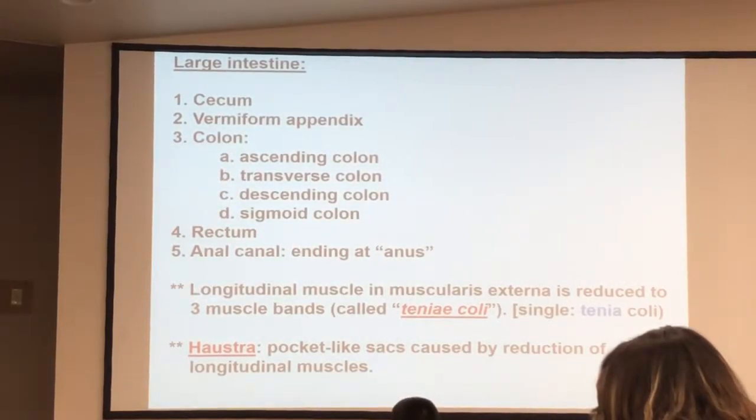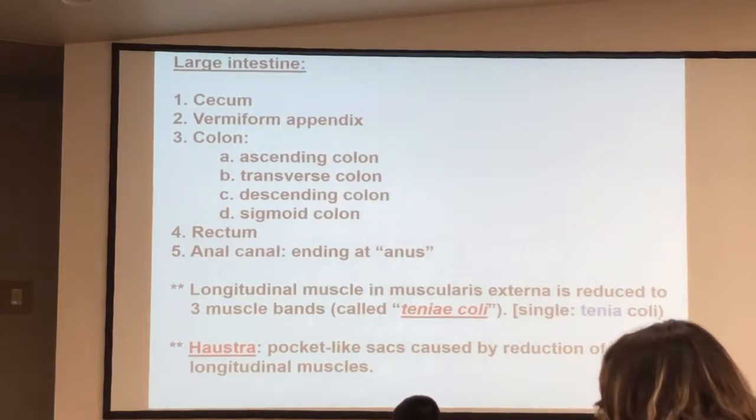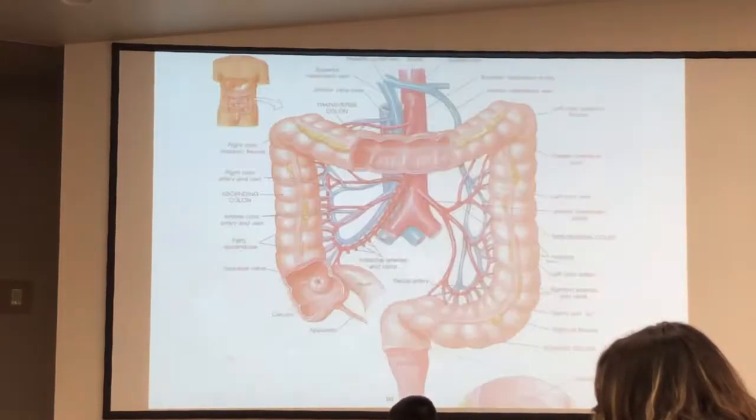In the large intestine, the two-layer muscle also changes. The inner circular muscle is no problem, but the outer longitudinal muscle is reduced to only 3 bands. We call them taeniae coli, and they change the shape of the outside, looking like a pocket-like shape. We call it haustra.